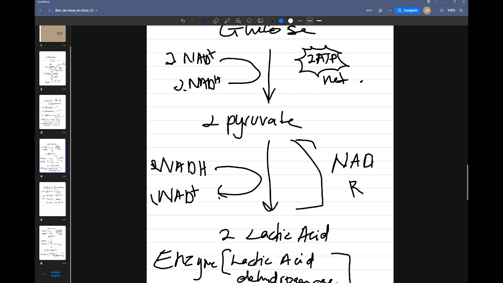And glycolysis creates a net of 2 ATP. We know that it creates actually 4, but in the energy investment stage, we use up 2. So overall, 2 ATP is produced, right? And this actually helps the body continue some amount of energy production, but it's really low and really inefficient.